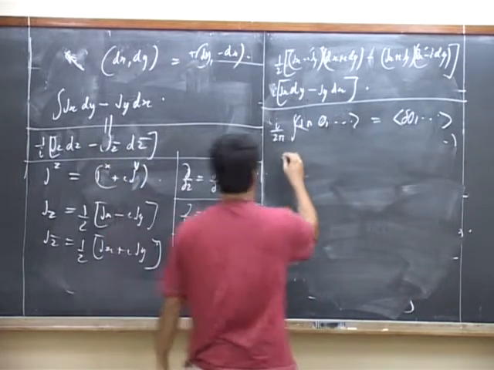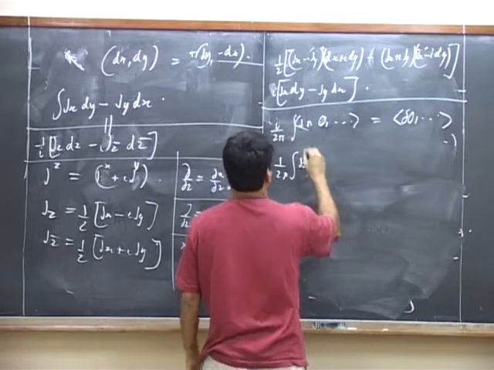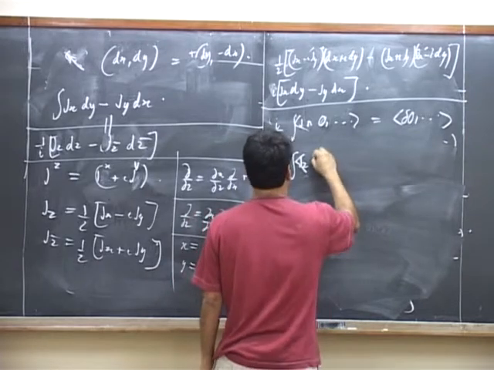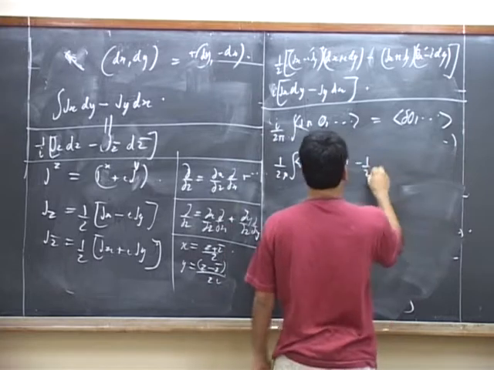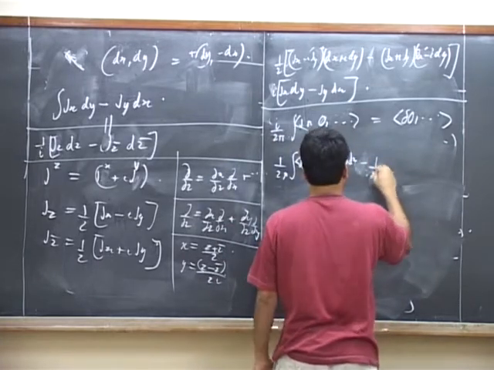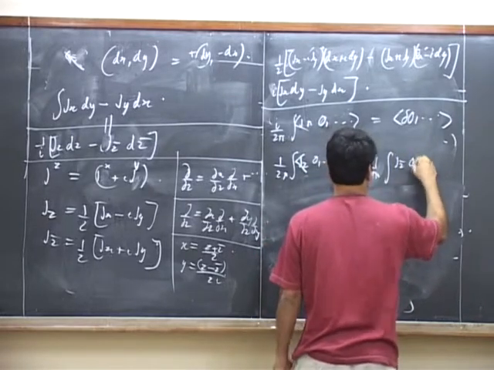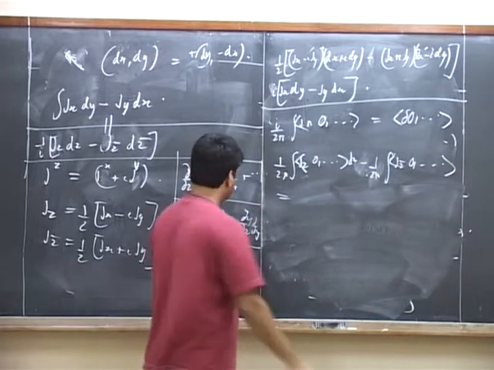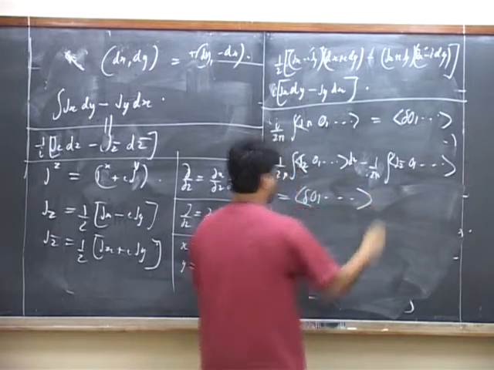is jz. So this thing is 1 by 2 pi jz O1 blah blah blah minus 1 by 2 pi. This is dz minus 1 by 2 pi jz bar O1 blah blah blah is equal to delta O1 blah blah blah.